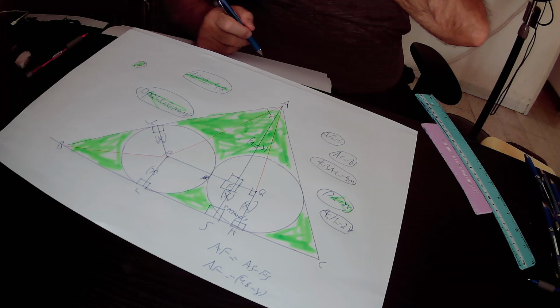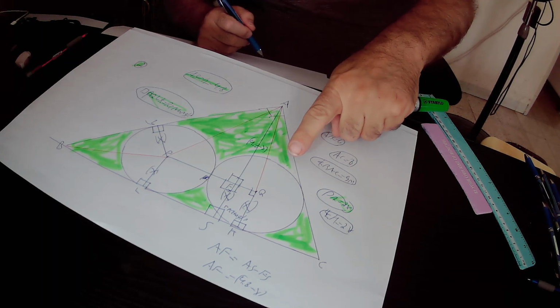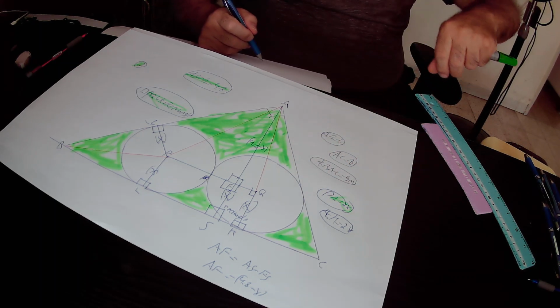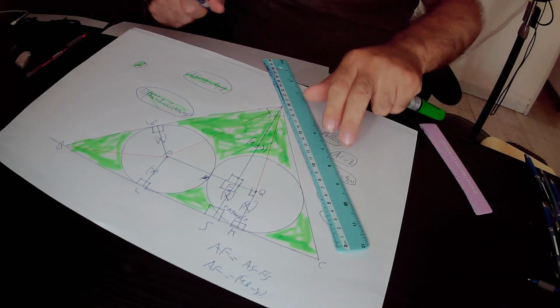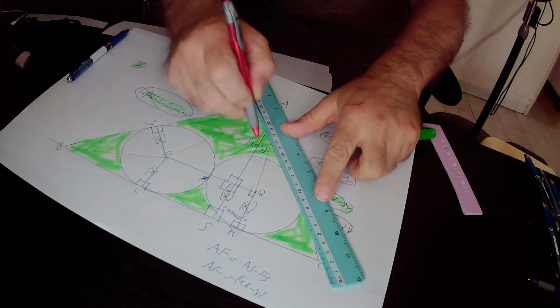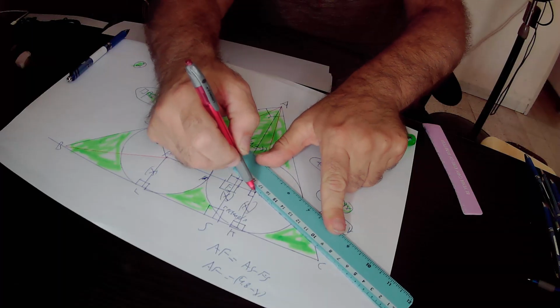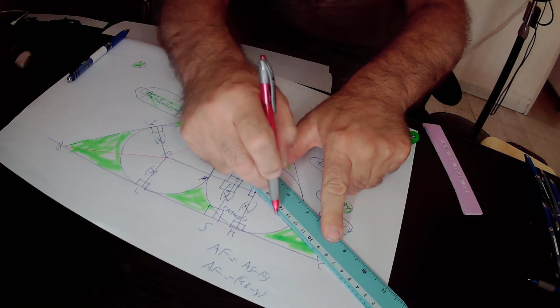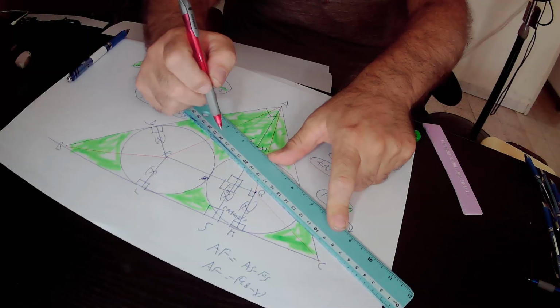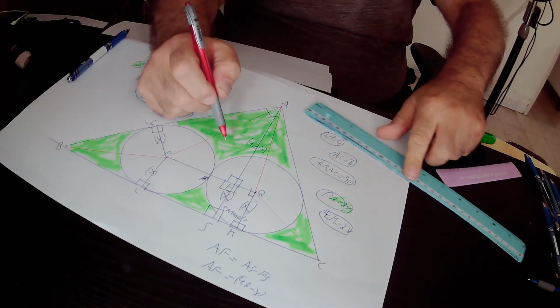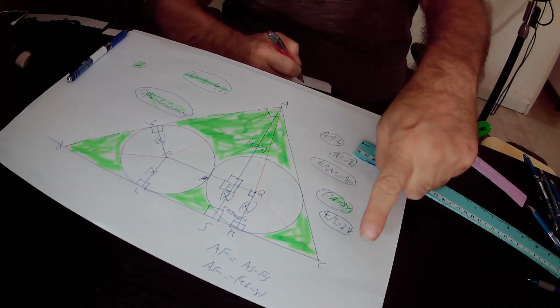In the next step, we join points Q and C together by a straight line. We define the point of tangency of tangent AC with this circle.